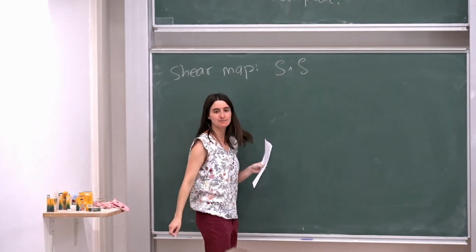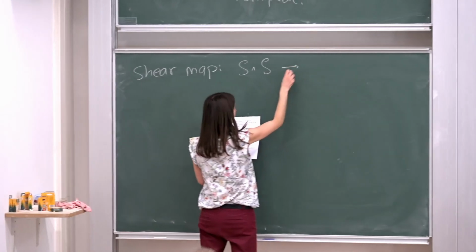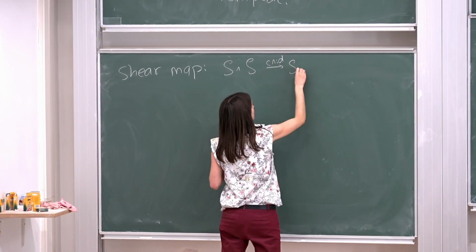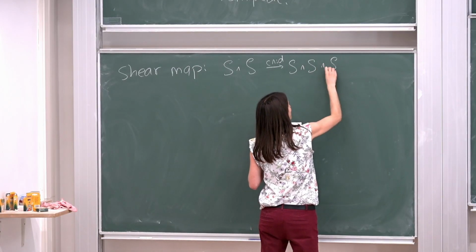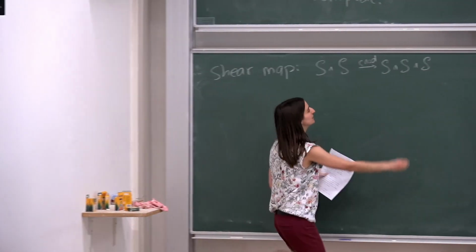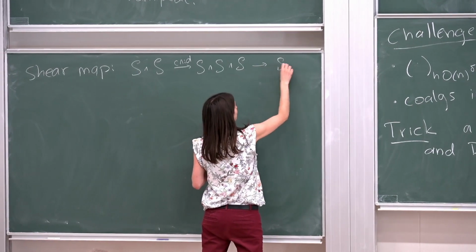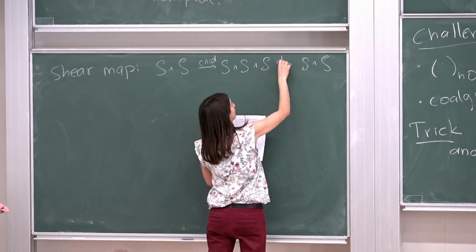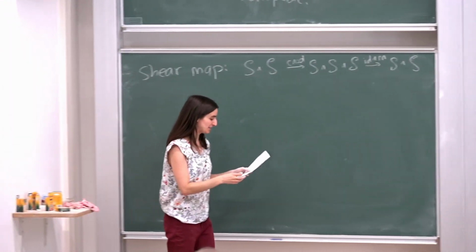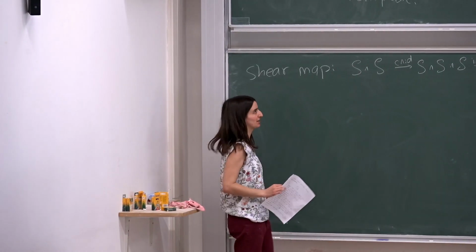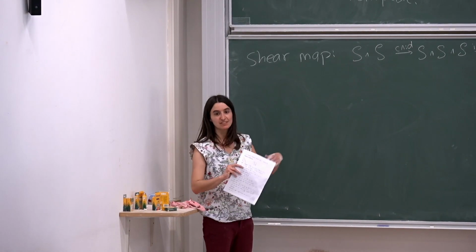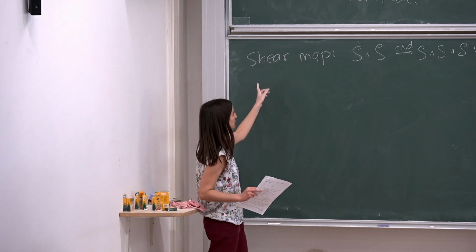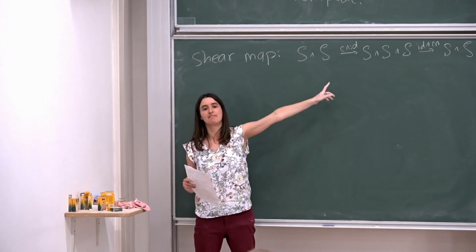If you have a bialgebra structure on S, you can use the co-multiplication and the identity to go from two smash copies of S to three smash copies of S. And then you can use the identity smash with the multiplication to go to S smash S. There are some very nice results that tell you that if you have a bialgebra for which the shear map is an equivalence, then it's a Hopf algebra.